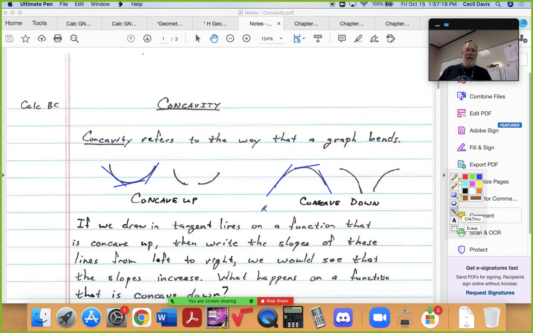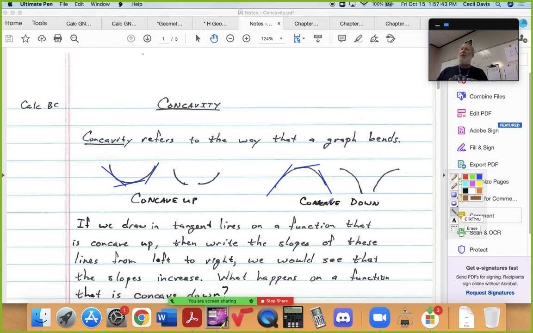So here my tangent lines are all below the curve and the slopes are all increasing. Now, what is another name for the slope of the tangent line? The derivative. So the derivatives are increasing when something is concave up, and the derivatives are decreasing when something is concave down, and that's the way we define it.